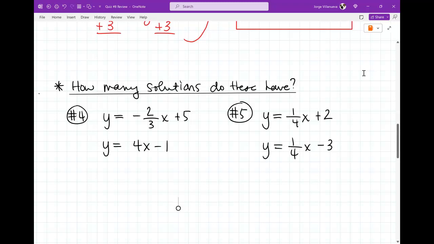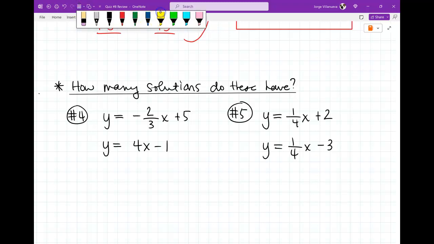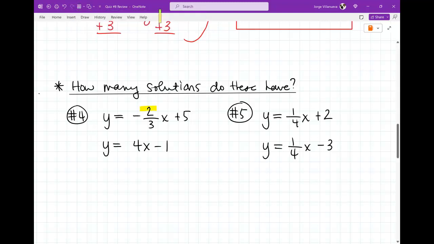Okay, so number 4, how many solutions? My slopes are negative 2/3 and 4. My slopes are different. Is that 1, none, or infinitely many? That's 1, right? If the slopes are different, it's 1 solution, okay?